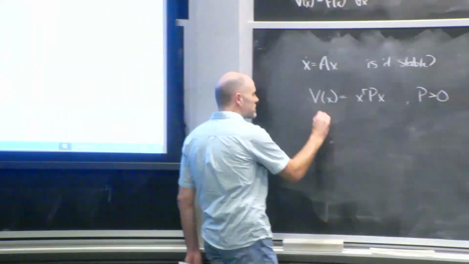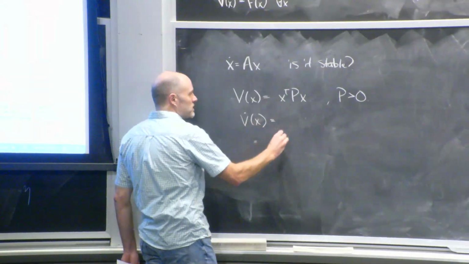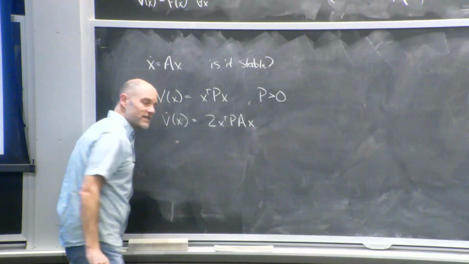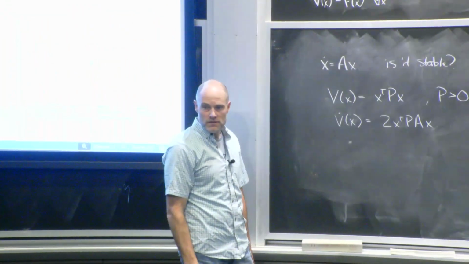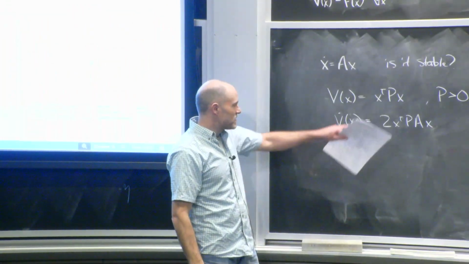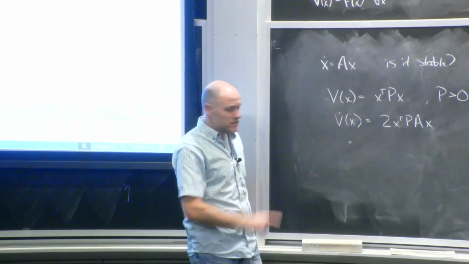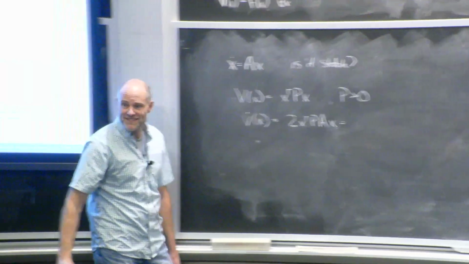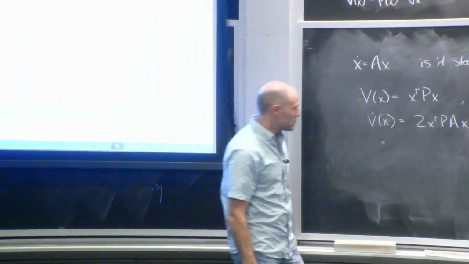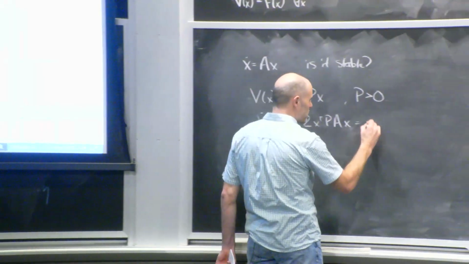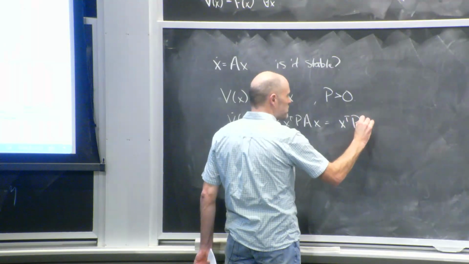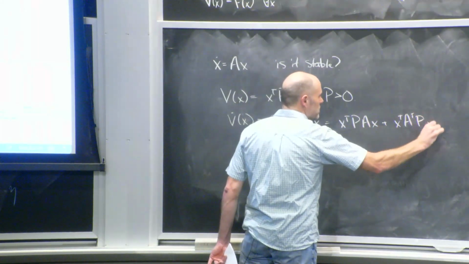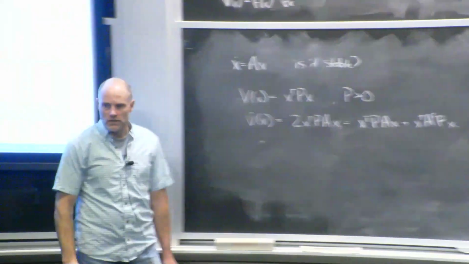V dot of x is going to be 2x transpose PAx, like this. But that's a scalar. So you'll never see it written like this, because this is not symmetric by default. I can split that 2 up and write it as x transpose (PA plus A transpose P) x.